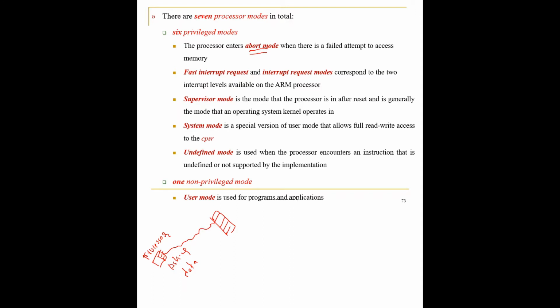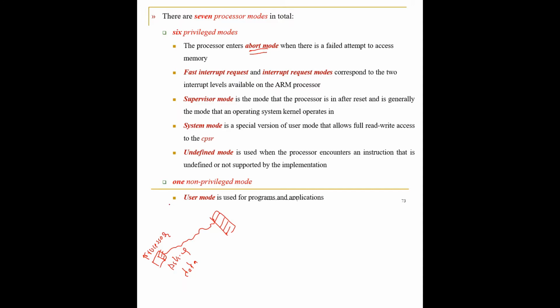Fast interrupt request and interrupt request are the two different modes with respect to the interrupt levels available with the processor. So when can you call the processor is in the fast interrupt request mode or interrupt request mode? Whenever there is an interrupt request coming from a peripheral, you can call the processor is in interrupt request mode or fast interrupt request mode.